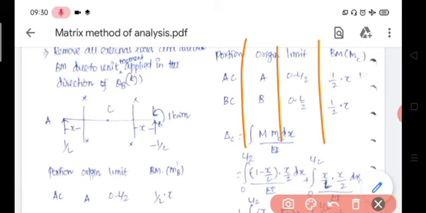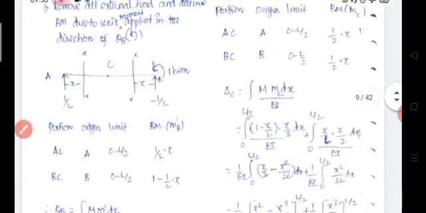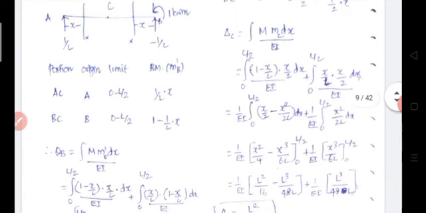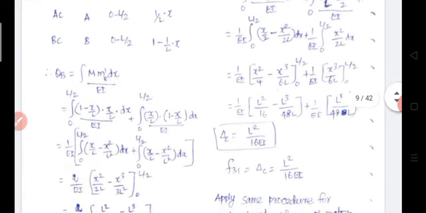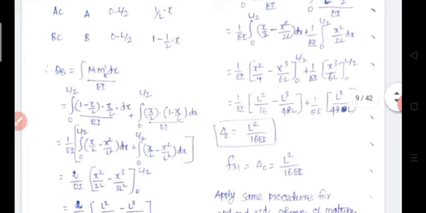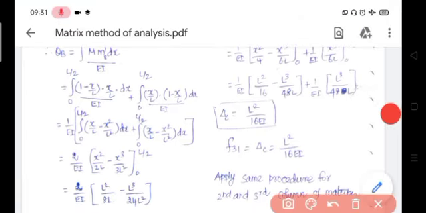Then finally delta C is equal to integration of capital M small m dx divided by EI. Substitute capital M and small m corresponding to each portion. Finally integrate this term, which gives delta C is equal to L square by 16 EI. Then finally F31, the element of the flexibility matrix, is a displacement.